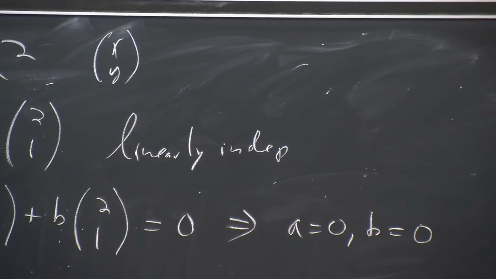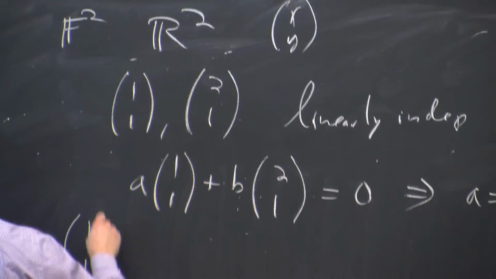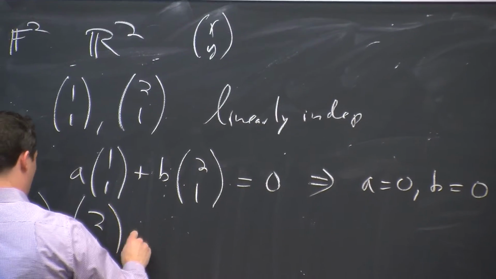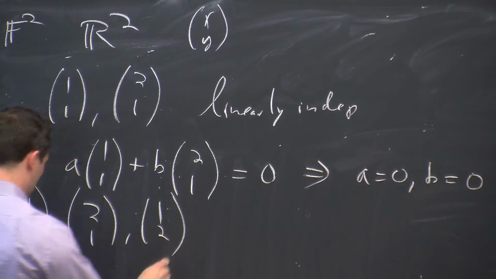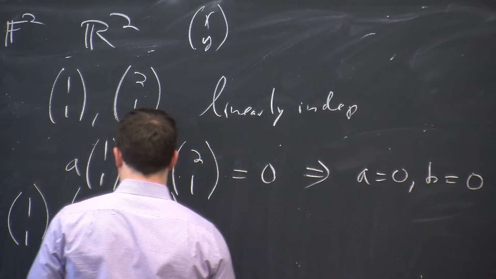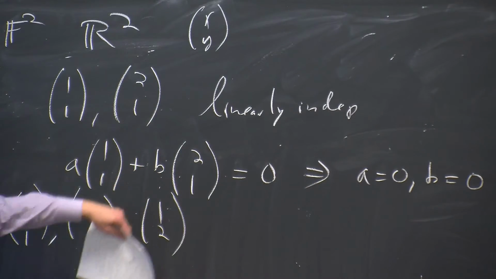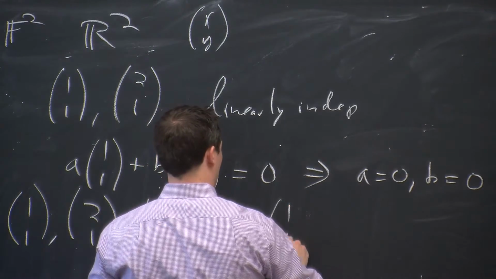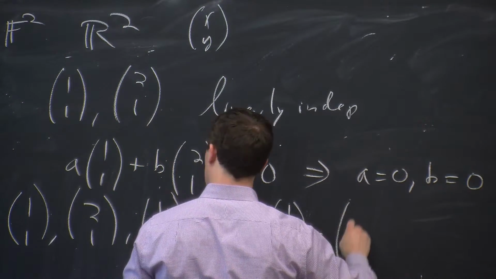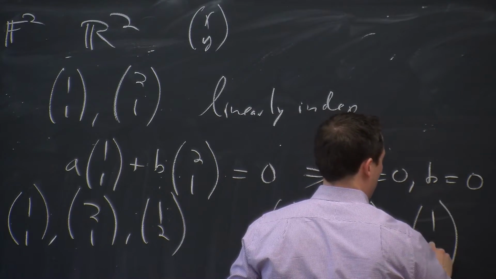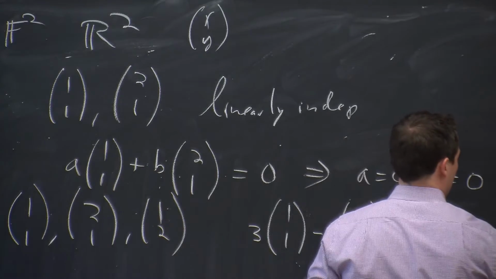On the other hand, if I added one more vector to that, say (1, 1), (2, 1), and (1, 2), there is a choice of 3 coefficients. I could take 3 times (1, 1) minus 1 times (2, 1) minus 1 times (1, 2), and that would be equal to the 0 vector, (0, 0).